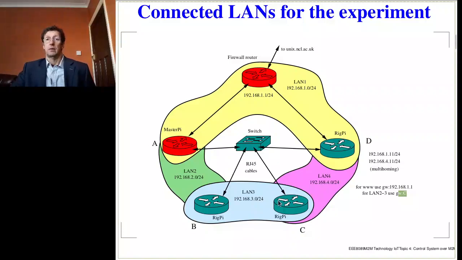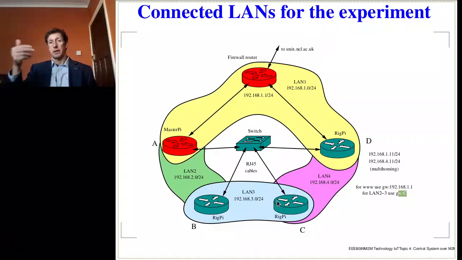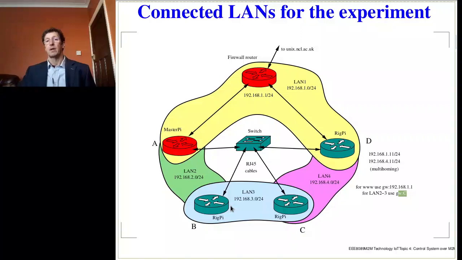But this will be recorded against the IP address which is on the purple network. But if you try to use the gateway on the blue network, then it will not find the entry in the table.